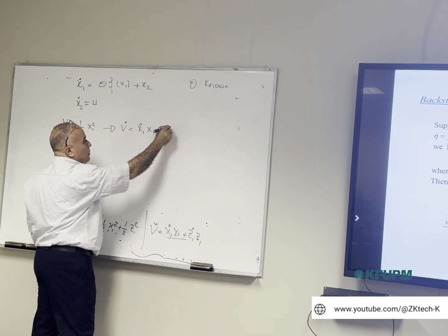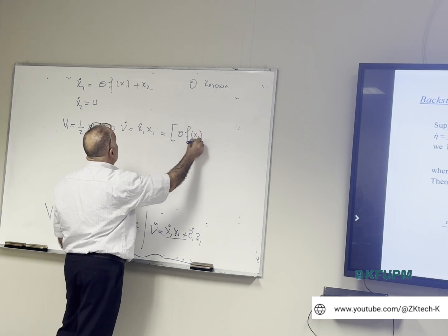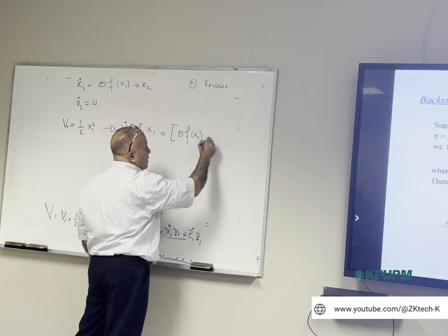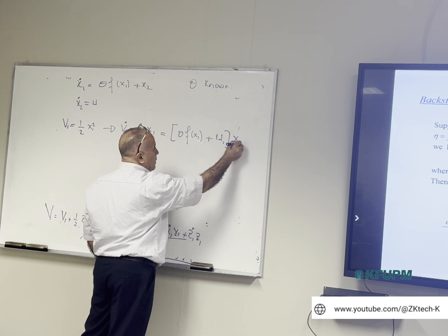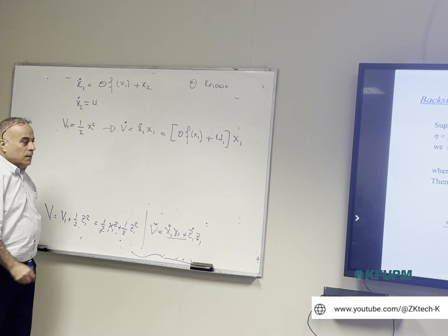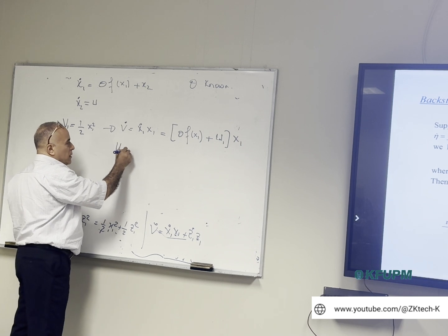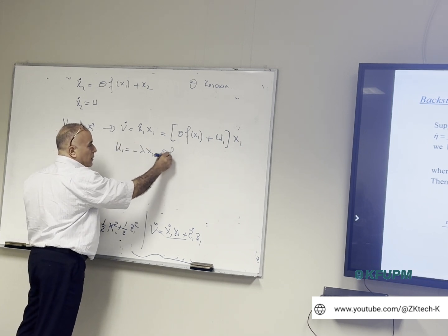This will be equal to theta times f of x1 plus the value of u1 if you want, the whole thing multiplied by x1. So what should be the value of u1? So u1 is equal to minus lambda x1 minus theta f of x1.